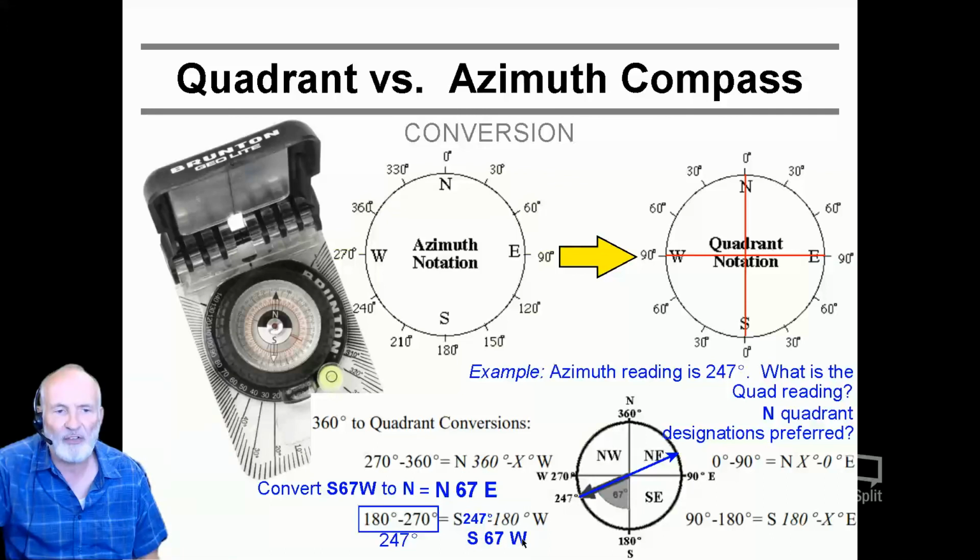So south 67 west is the same as north 67 east. Not a big deal at all. Convert these designations as you record them. Now, in your fieldwork handbook, page 14 has actually a reprint of that picture down there, so you can have it always with you and do the conversions on the fly in the field.